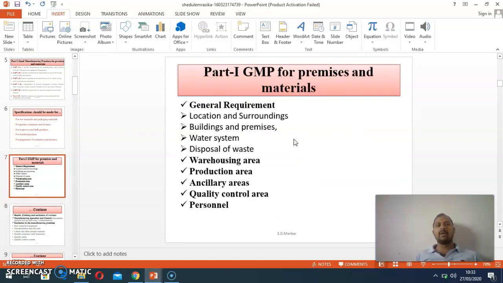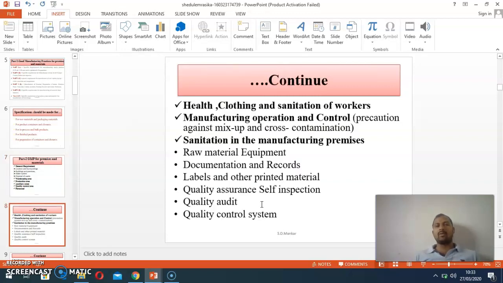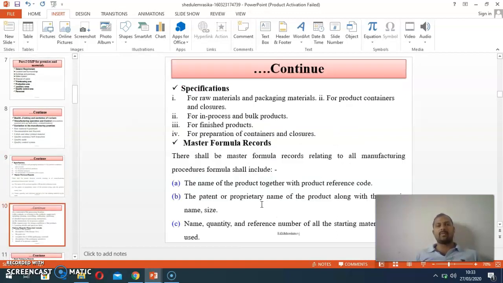According to the GMP, it requires general requirements like location and surroundings, building and premises, water system, disposal of waste, warehousing area, production area, ancillary areas, quality control area and personnel, health and clothing and sanitization of workers, manufacturing operation and control, sanitization of manufacturing equipment, raw material, equipment, documentation and records, labels and other printed material, quality assurance, self inspection, then quality audit and quality control system.